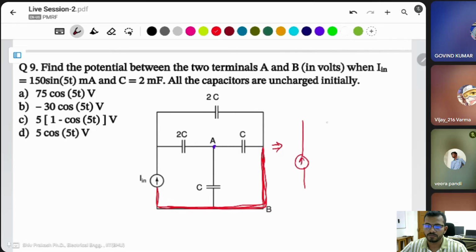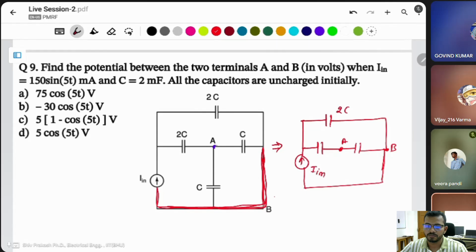Let's try this one to see. This will be C, C, 2C. Then this terminal is A and B, A is here, B is here, and this is the current source I in.